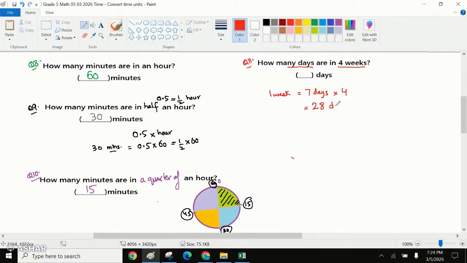That means there are 28 days in 4 weeks. But they would never ask you how many days are there in a month. What is the maximum number of days in a calendar month? Okay, let's write.